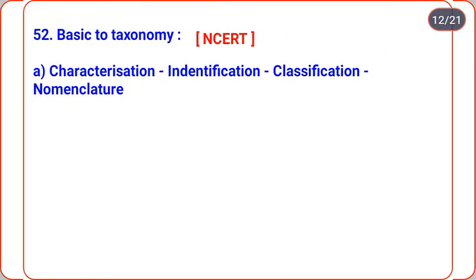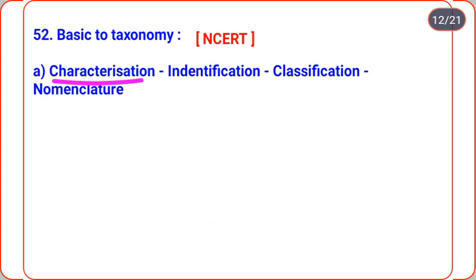Okay, next. Question number 52. Basic to taxonomy. Examiner can ask arrange in the correct sequence or rearrange the four terms. So here we can discuss the correct sequence. First, characterization.